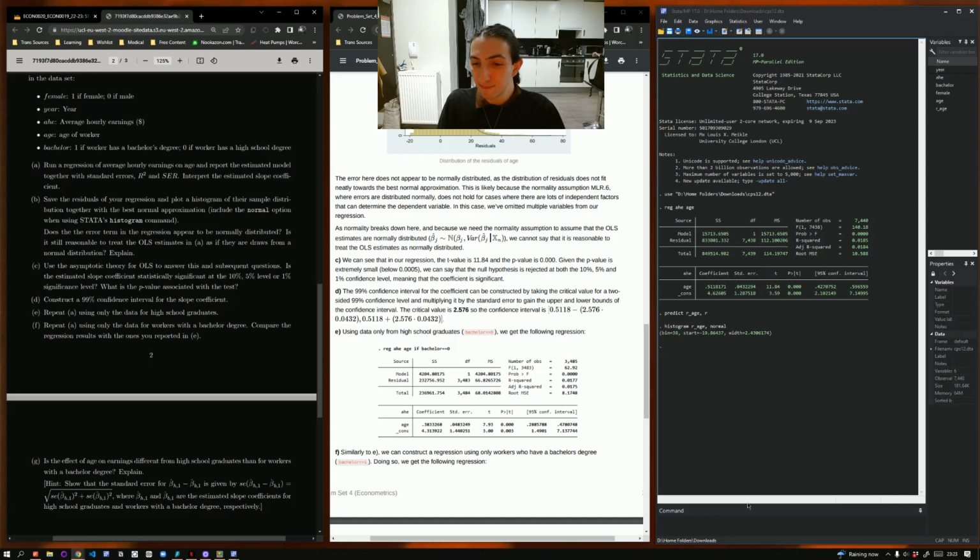Okay. Now the next one, 2E. Repeat A using only the data for high school graduates. Now you can make your own regressions here using conditional if statements. An if statement essentially says, do this only if the data is like this. So if we want just the high school graduates, we're going to use the bachelor dummy, and it's going to equal 0.